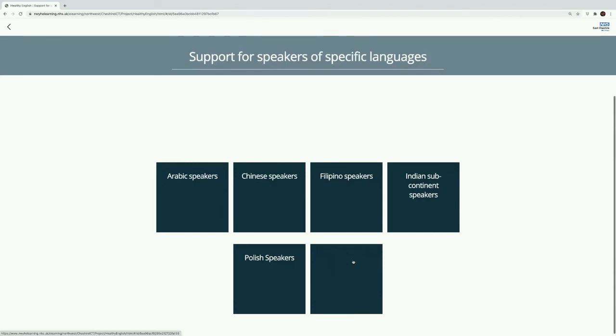So far, we've included Arabic, Chinese Mandarin, Filipino, the Indian subcontinent, a big group of languages, admittedly, but based on languages such as Gujarati, Hindi, Punjabi, and Urdu, Polish, and Romanian. More languages will be added over time, and the more feedback we get from users of our site, the better we will become at addressing the specific needs of individuals from different linguistic backgrounds.